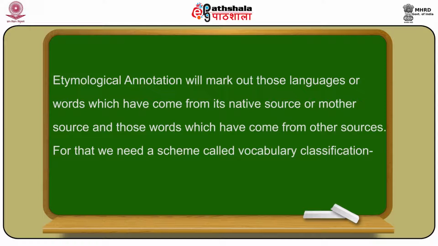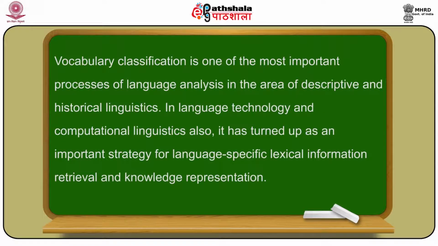But for that we need a scheme of what we call vocabulary classification. This is an important part of etymological annotation because we need to identify the stocks of the words in a language. So, we applied this scheme on a Bangla written corpus.